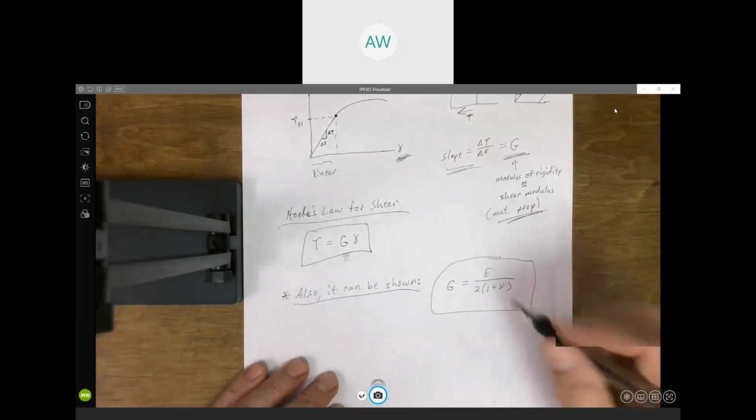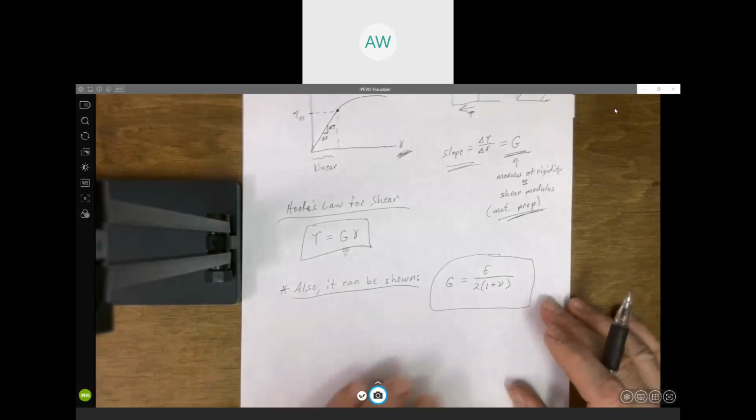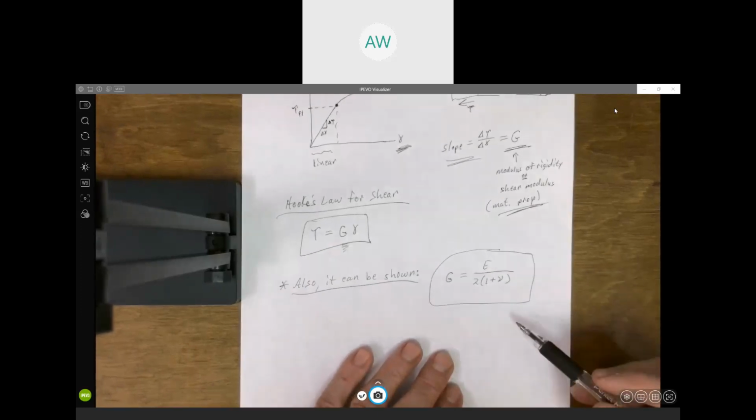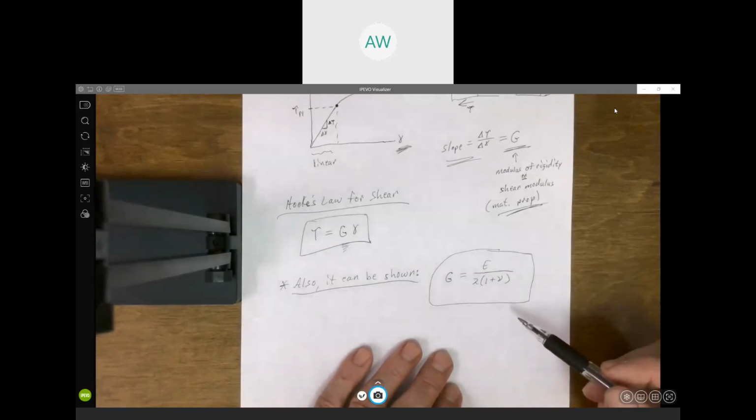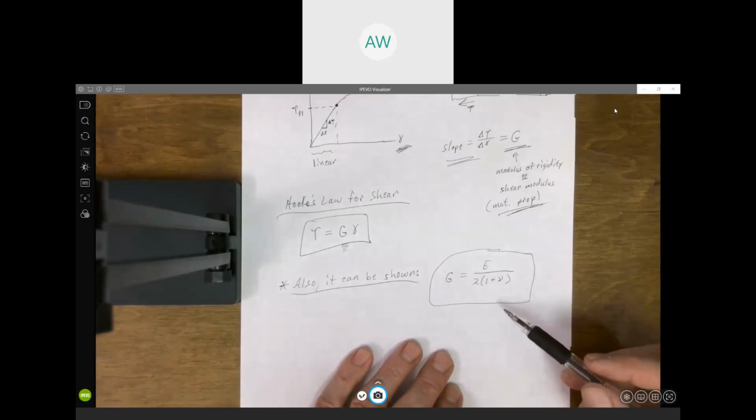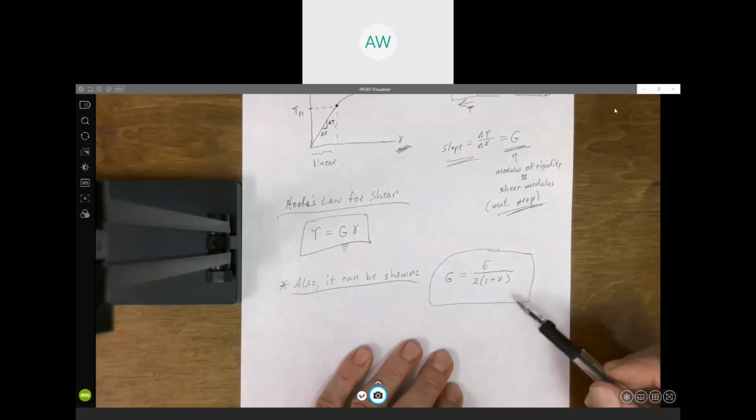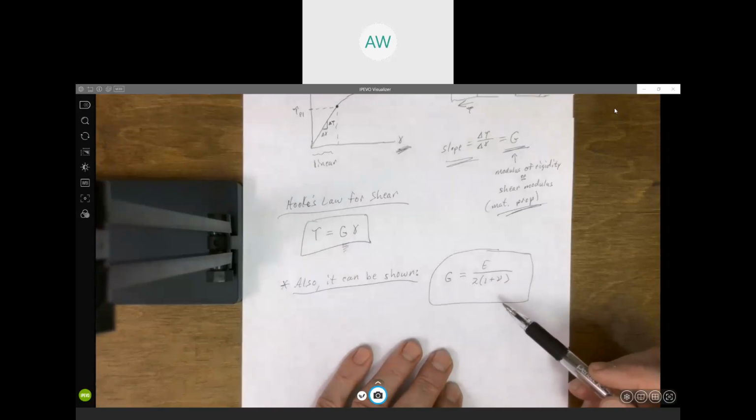Now, this you will find in your textbook. I'm not going to say for 100% sure that there might not be maybe one or two problems out of the textbook where that might be useful. Not many.